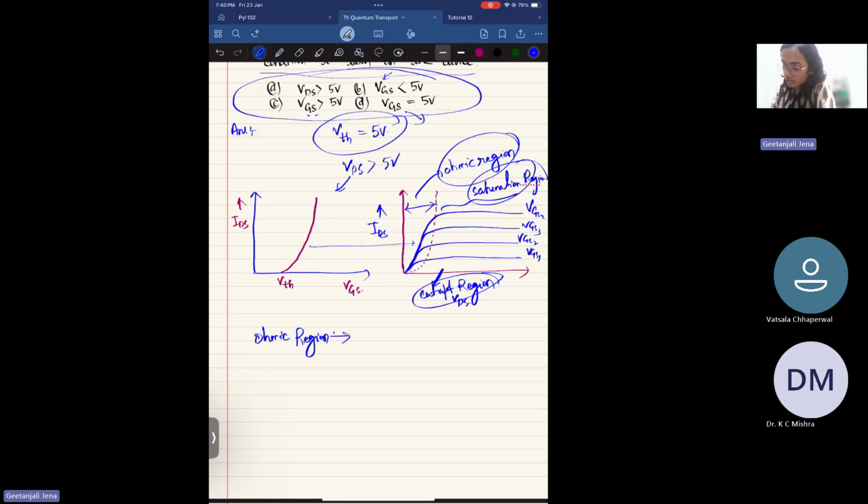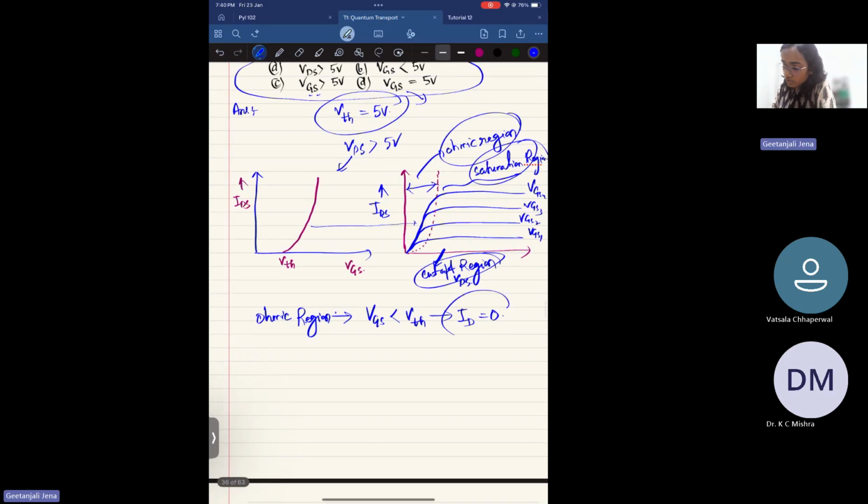This is where the gate to source voltage is less than VTH. So that means the drain current is zero. This is the case where the MOSFET acts like an open switch.